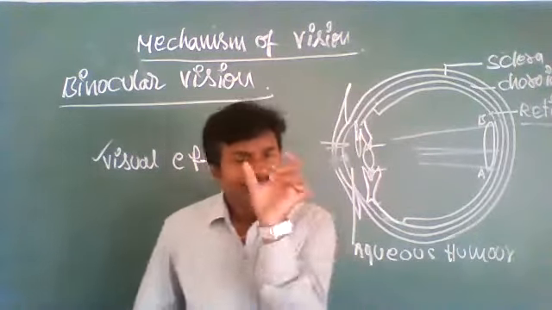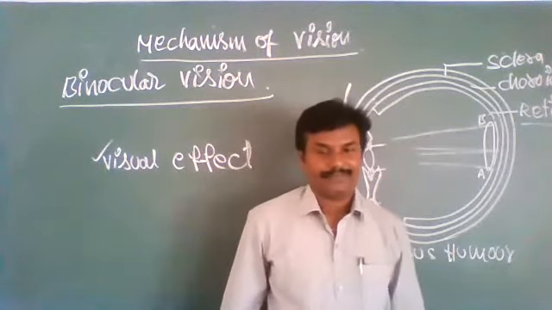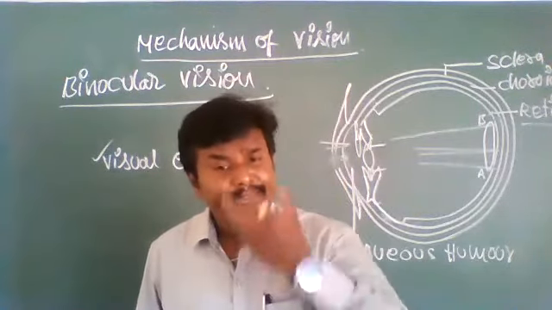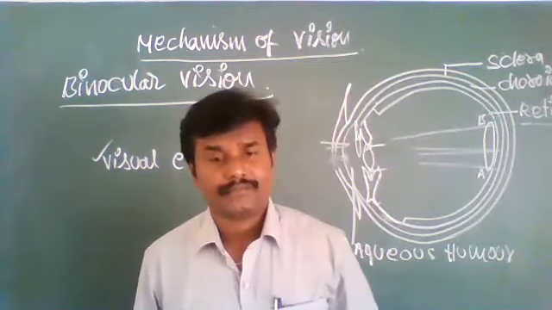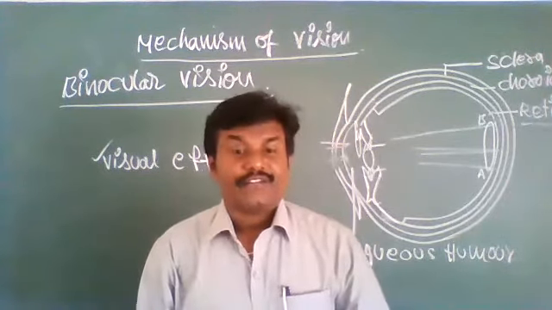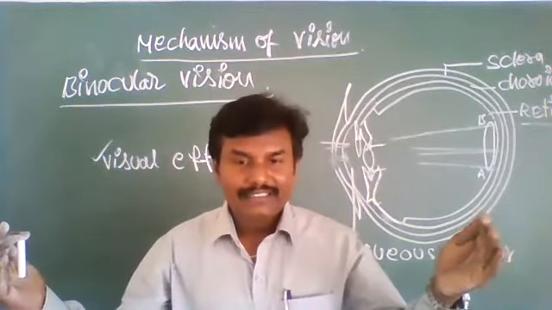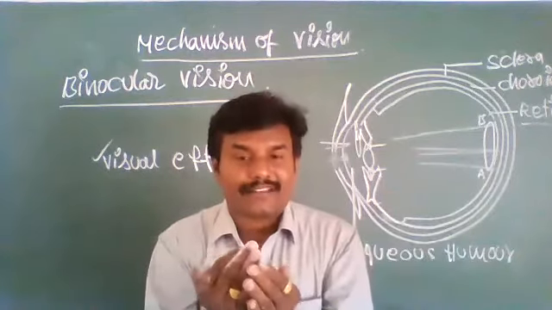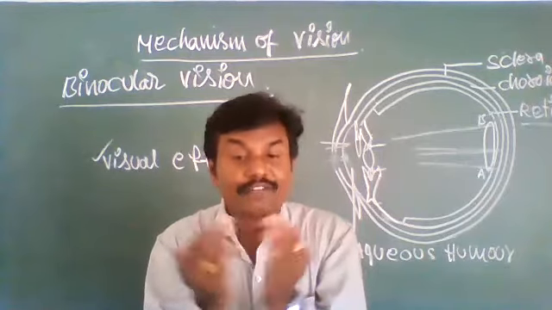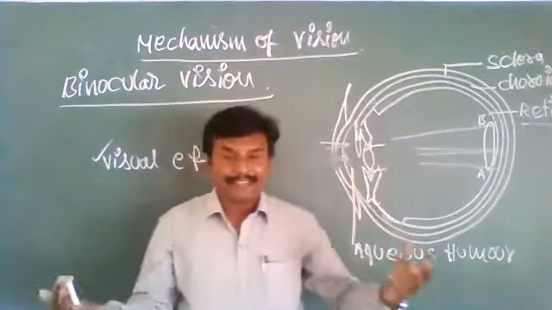In humans, a pair of eyes are located in the front portion, the ventral portion. Since a pair of eyes are located in the ventral portion, there is an overlapping of the visual field of each eye. Listen to this point.